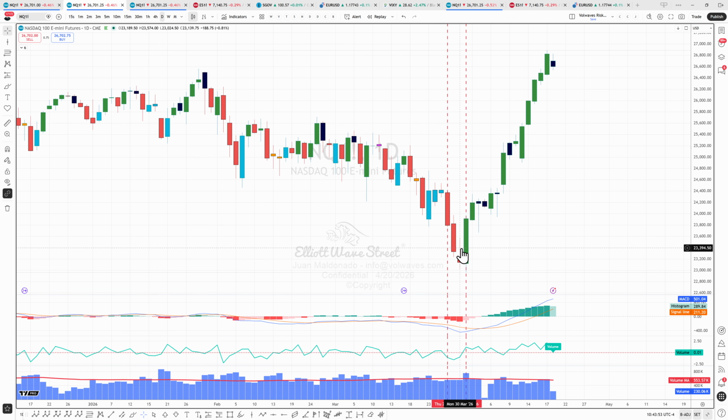And this is an additional filter for your trading, because if you are trying to find the end of a wave, of a cycle, of the trend, or whatever you call it, or the continuation, when you add the institutional volume to that equation, is where you have an additional edge, because you are not going to try to buy when the others are selling, when the institutions are selling.